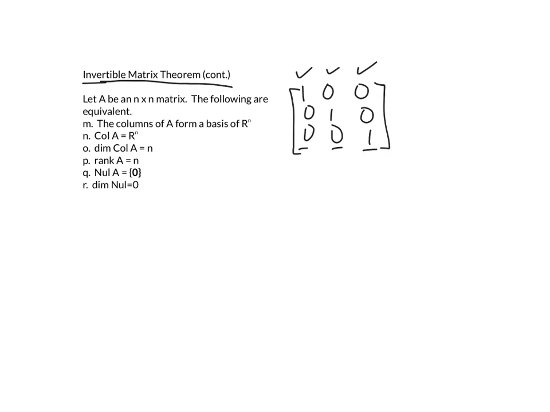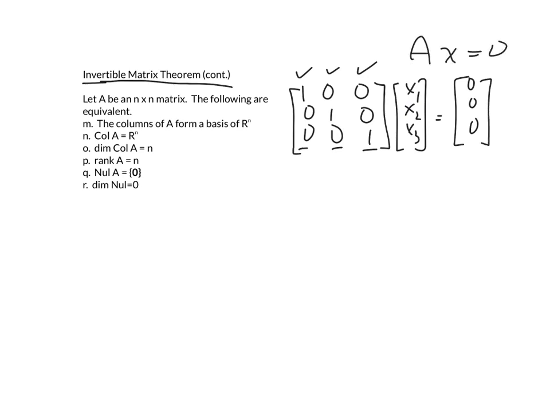The null space is equal to only the 0 vector. If this were A, and we're multiplying times a vector x equal to 0, remember that the null space is the solution to Ax equals 0.